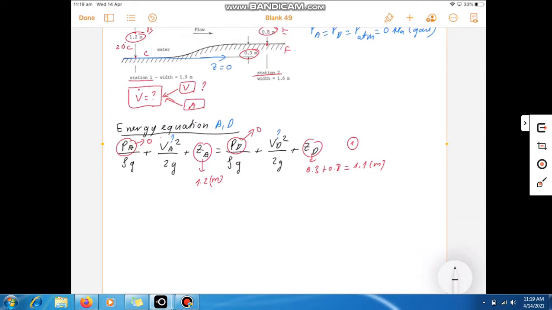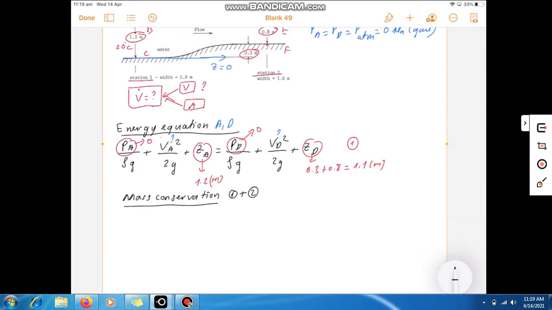So for mass conservation between station 1 and 2, mass conservation means you have mass flow rate at 1 equal to mass flow rate at 2. However, this one is water, and density is constant.